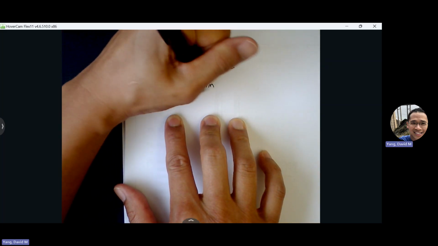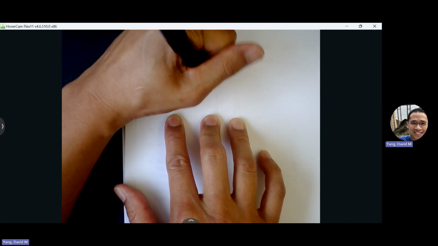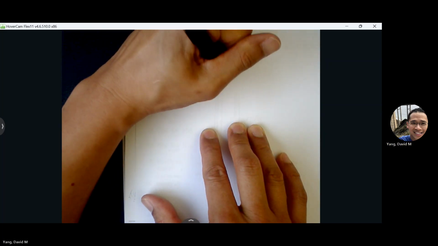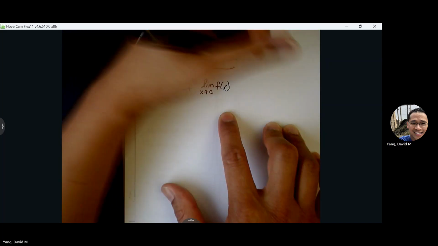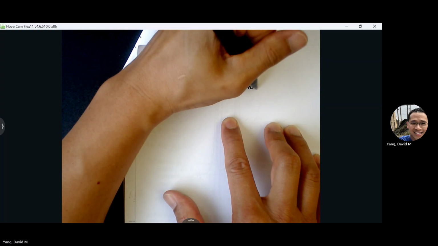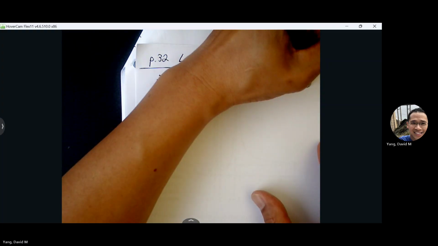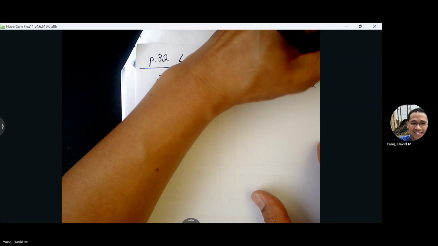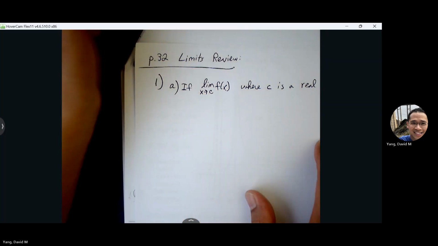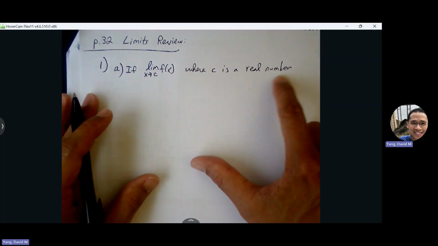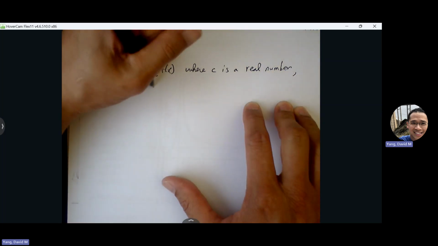If it's a limit approaching a real number, it doesn't matter if it is a one-sided limit, we're always going to do direct substitution.